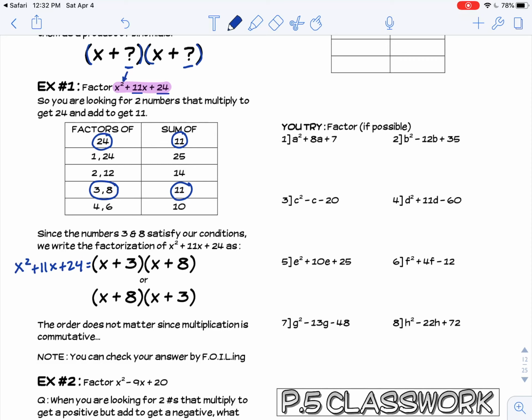I initially had x squared on top of my first term. Now all of these, the highest exponent is a power of 1. Now the order doesn't matter.